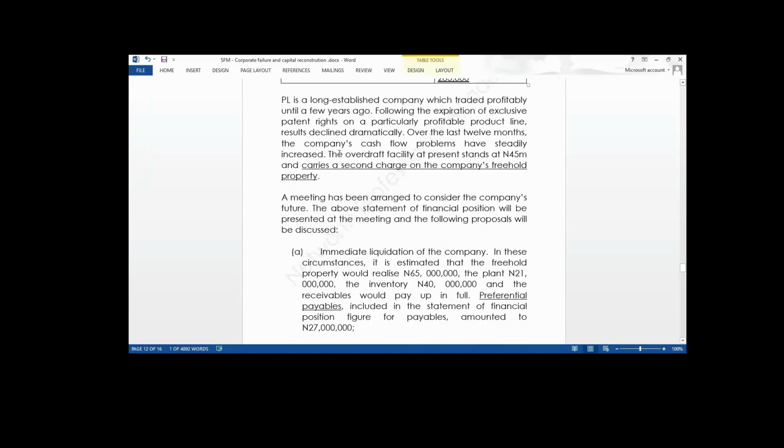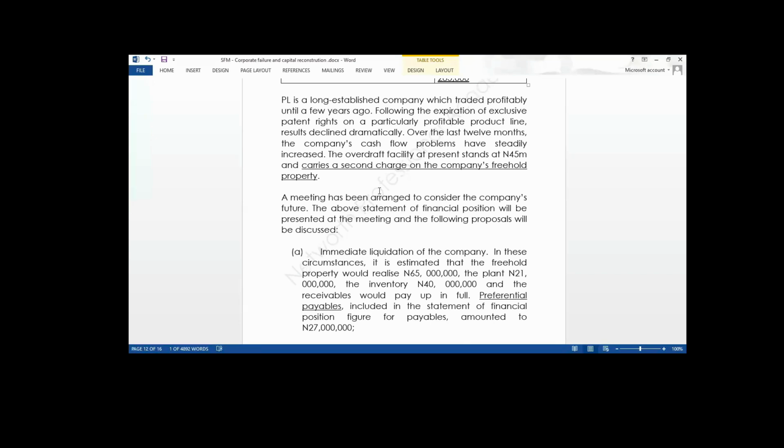Also look at it. The bank overdraft facility at present stands at 45 million and carries a second charge on the company freehold property. And I explained that where a liability or liabilities are secured on a particular asset of the company, that is called a fixed charge.